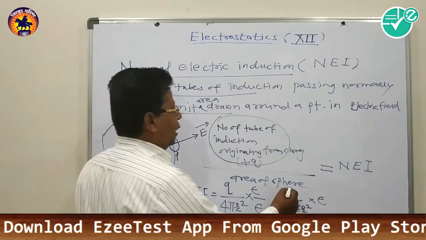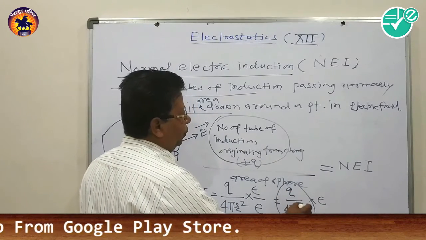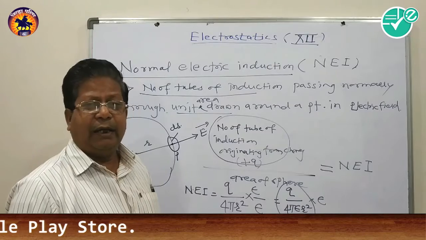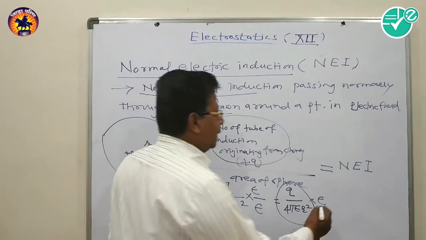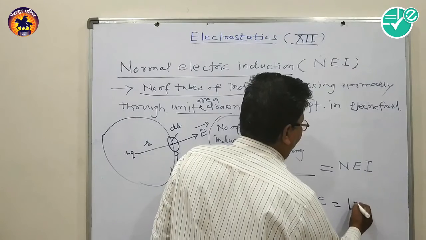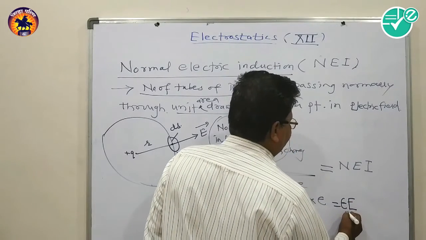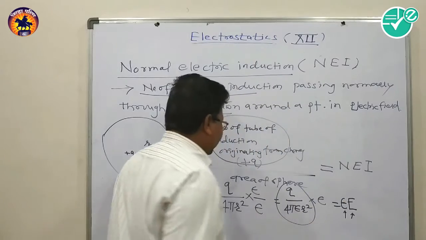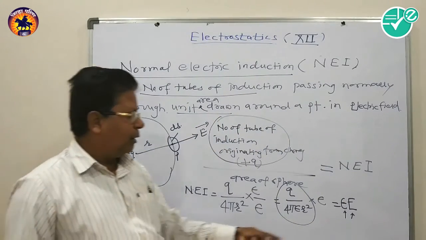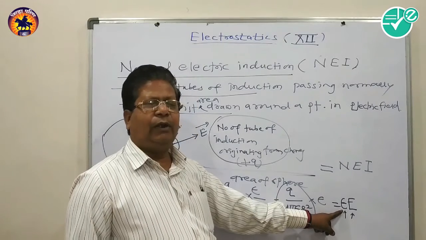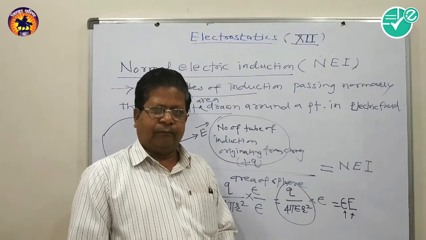As we know, the term 1 upon 4 pi epsilon into Q divided by r square is nothing but the electric field intensity, or simply electric intensity, and therefore normal electric induction is equal to epsilon into E. That means normal electric induction is the product of permittivity of the medium and electric field intensity.